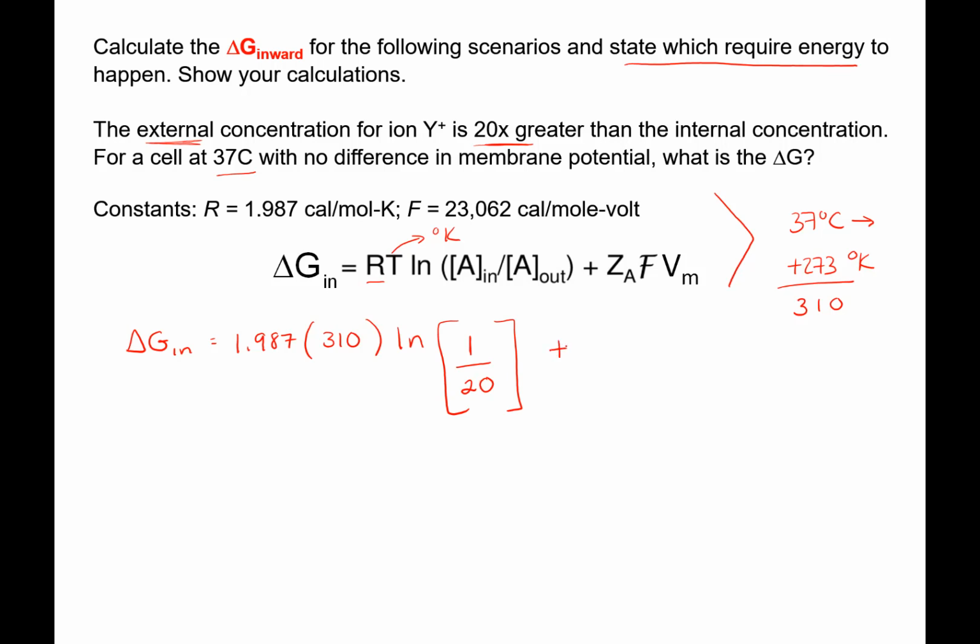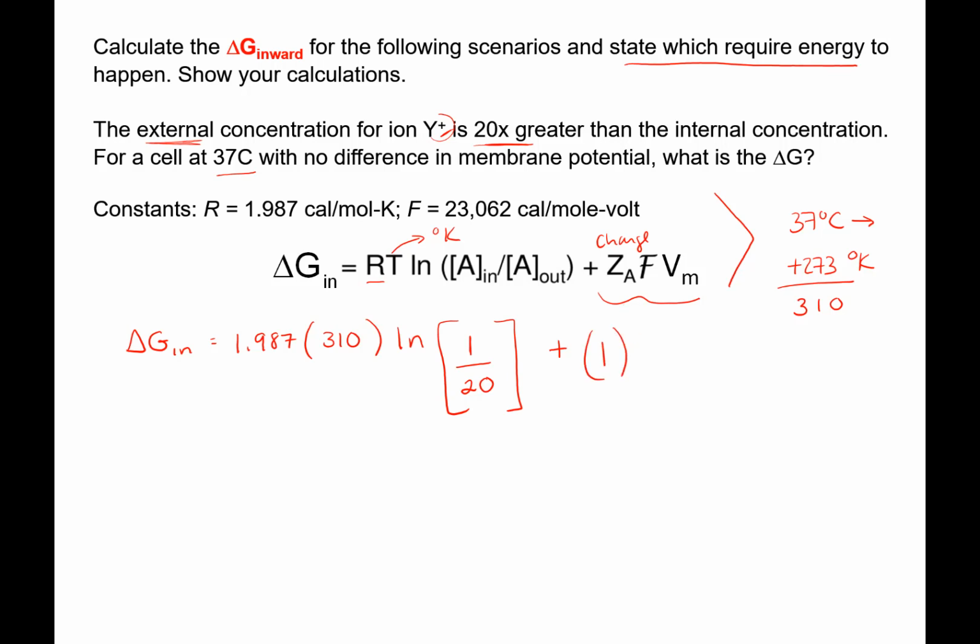Then, if it's an ion, like this is, we have to look at the Z Faraday membrane potential part. So Z is always the charge, so you would have 1.